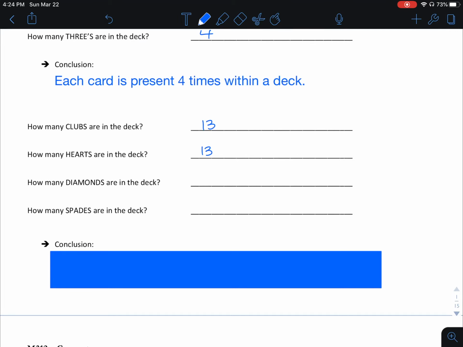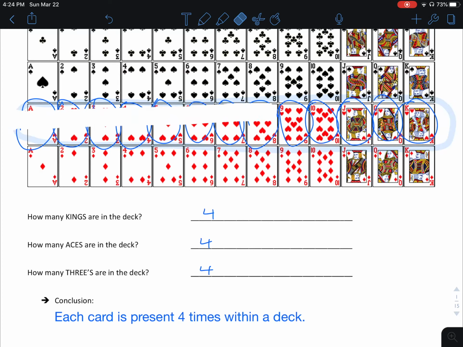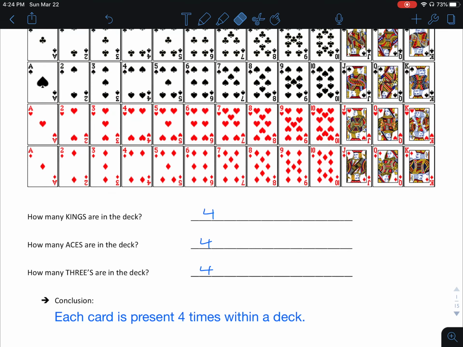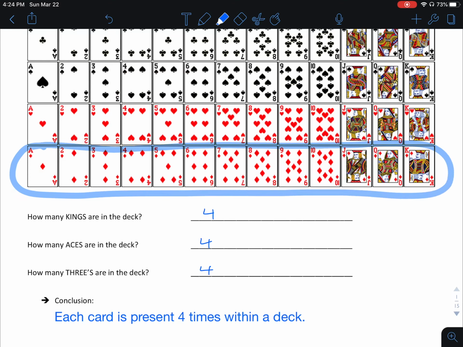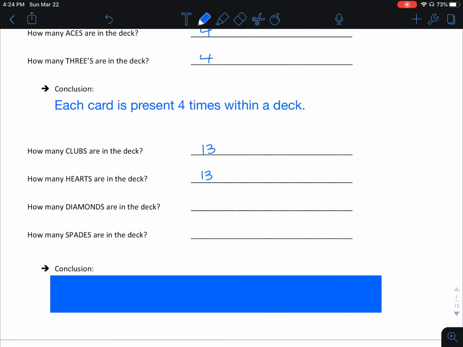Just like we did earlier. All right, how many diamonds are in a deck? My diamonds are that last row. How many do I have? Hopefully you counted 13 as well, and hopefully we are noticing a pattern.